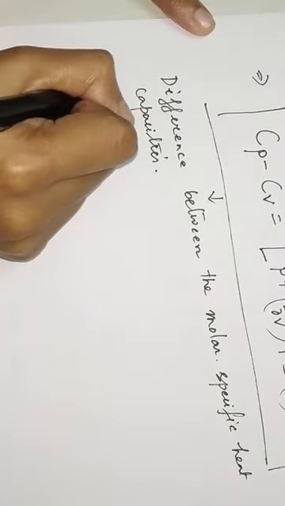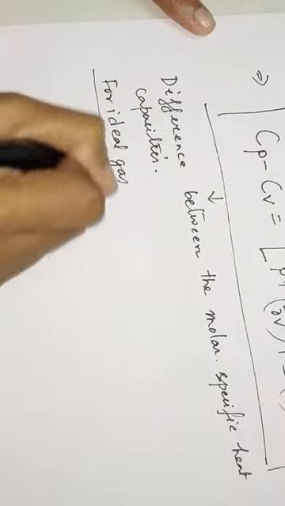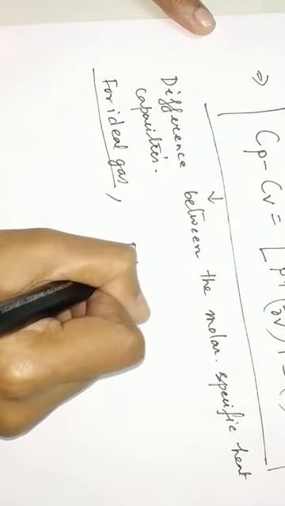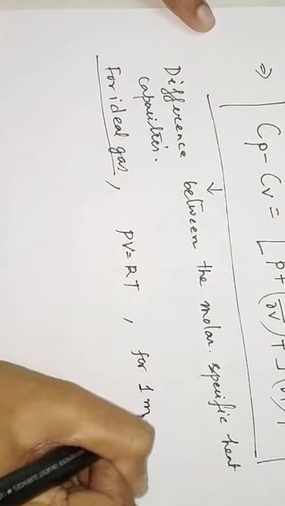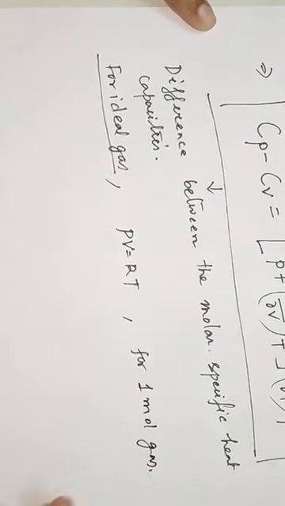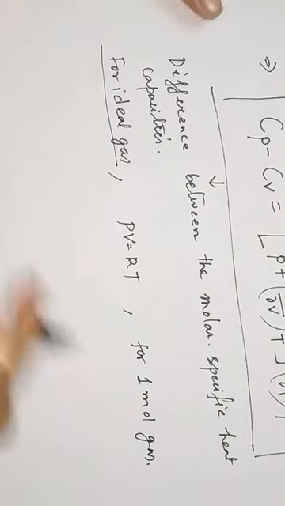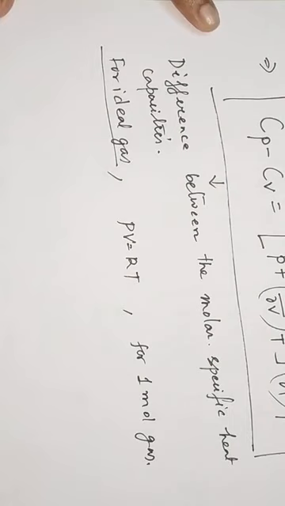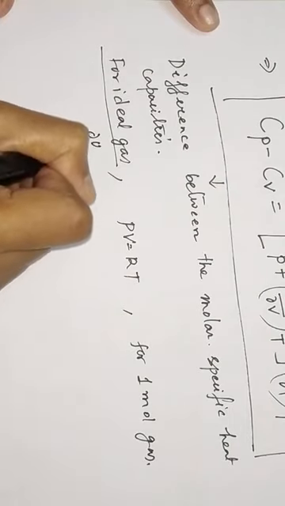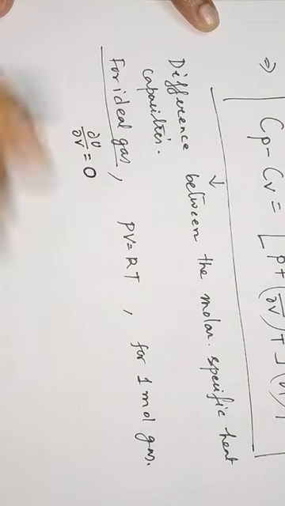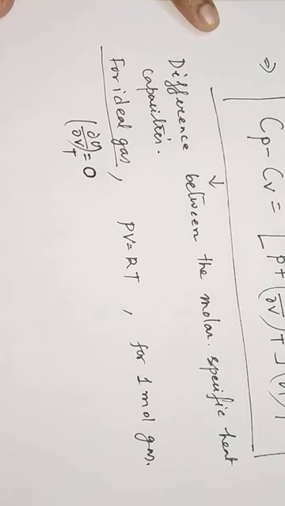Okay, now for an ideal gas we know PV equals RT, for 1 mole of gas. Again for 1 mole of gas, del U/del V at constant T equals 0 for an ideal gas.